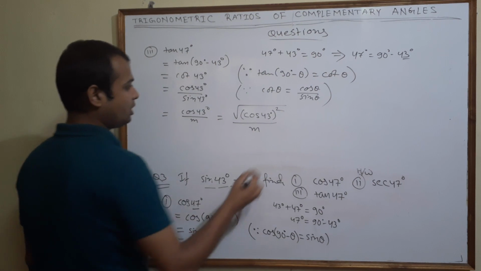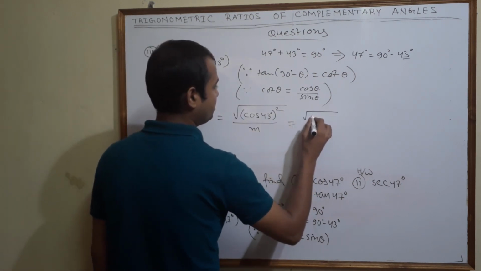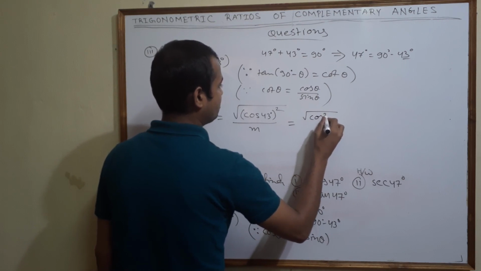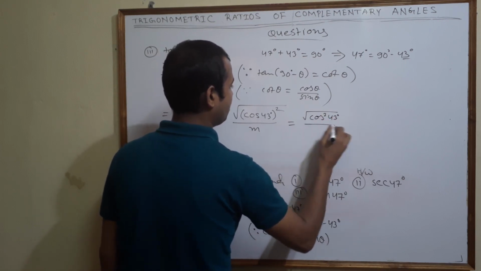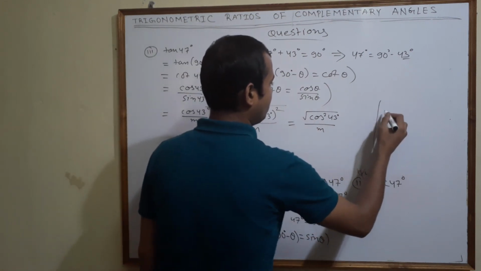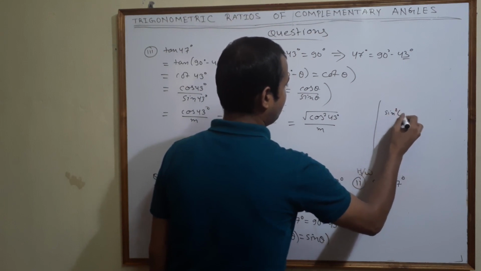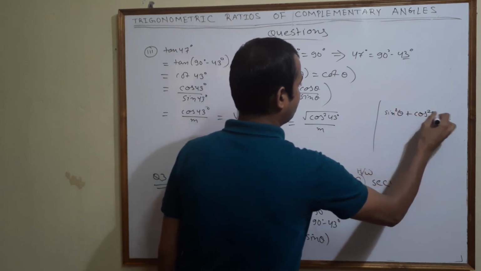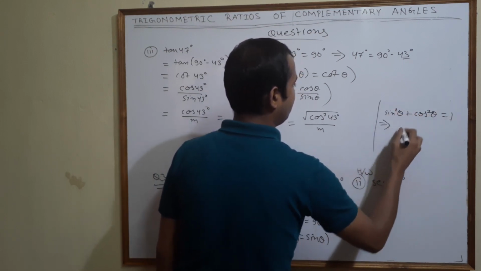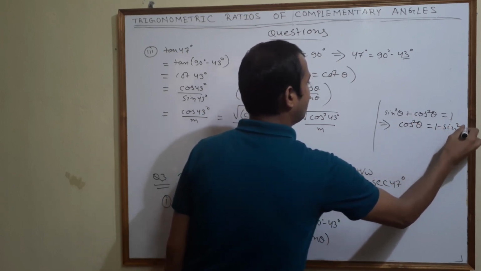Now this implies the square root of cos square 43 degree upon m. Now recall this formula, that sine square theta plus cos square theta is equal to 1, which implies cos square theta is equal to 1 minus sine square theta.